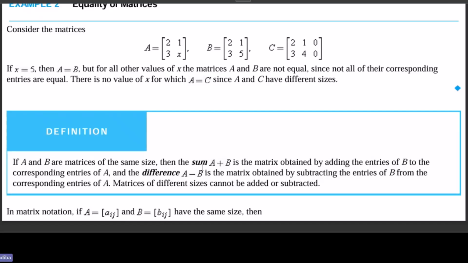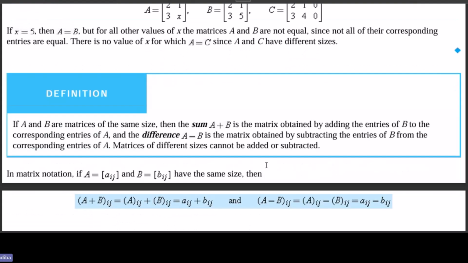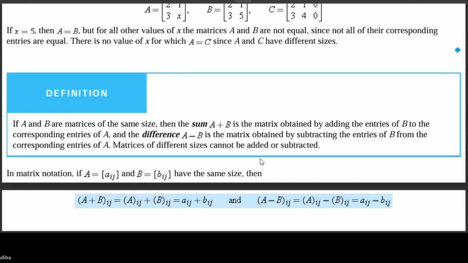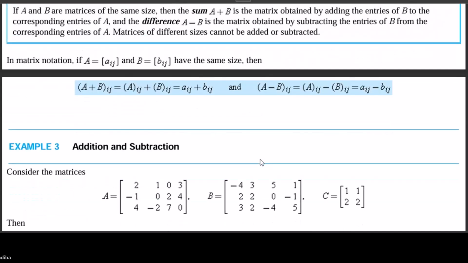We only add matrices of the same size. We subtract matrices of the same size. If they are of different sizes, addition and subtraction for those matrices cannot be performed. Consider the matrices.